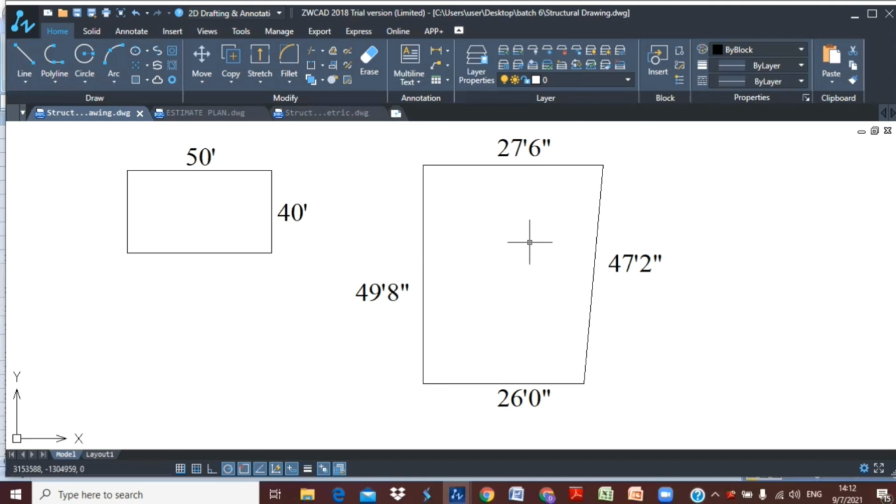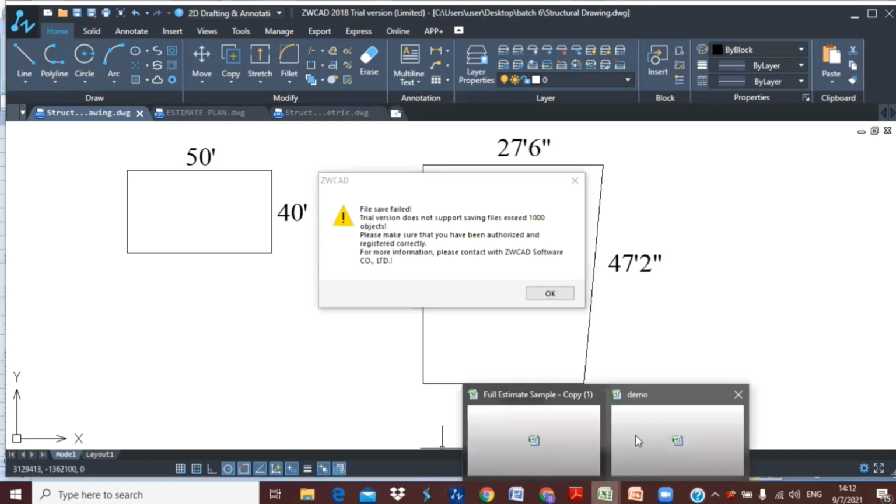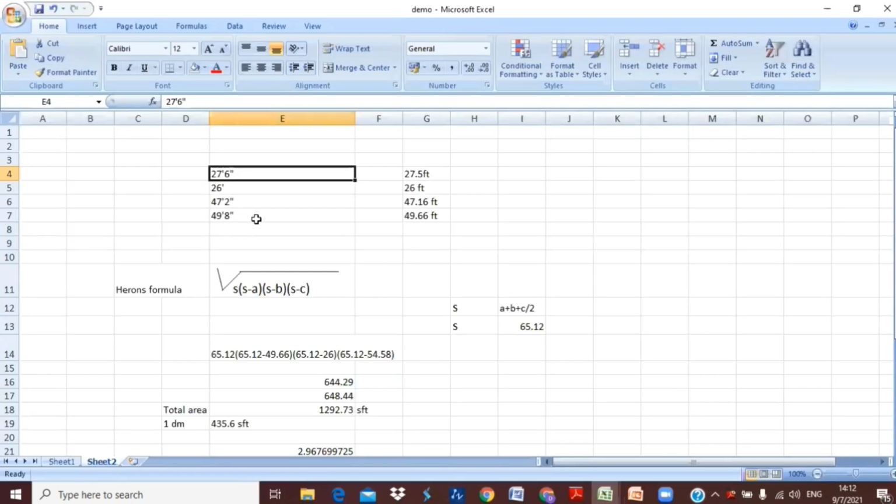So I am going to start with this irregular one. In this Excel sheet, I have already written the sizes, the different lengths I have just discussed. First of all, we have to convert them into complete feet.